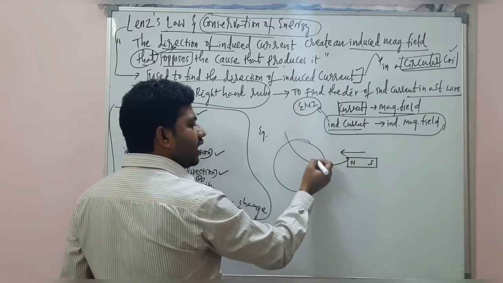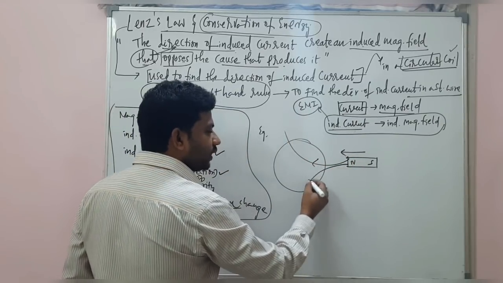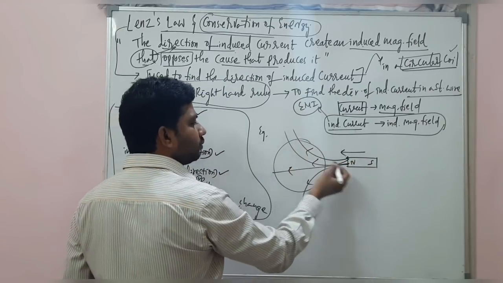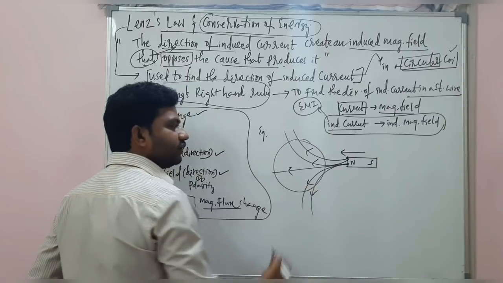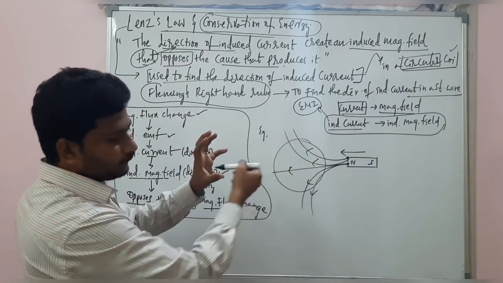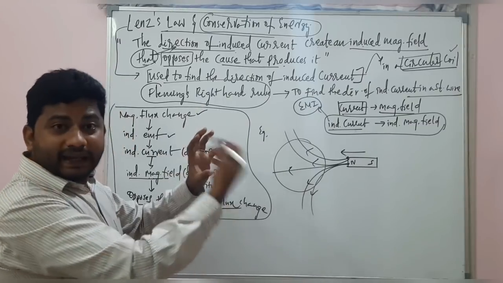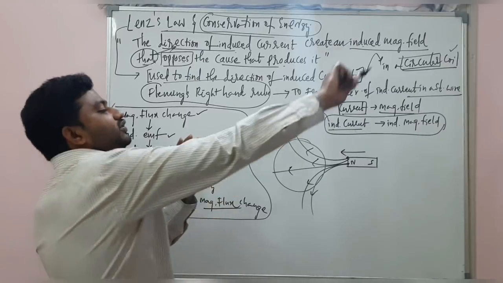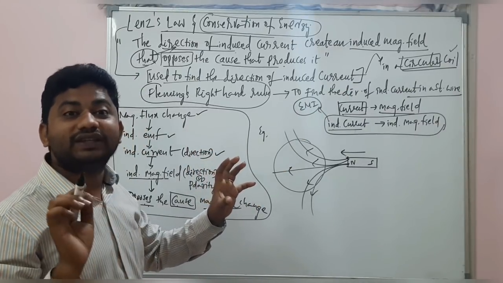Magnetic field lines are moving in this way. More magnetic field lines are moving through the coil in this way. The induced magnetic field will produce magnetic field lines in the opposite way. That is called opposing.